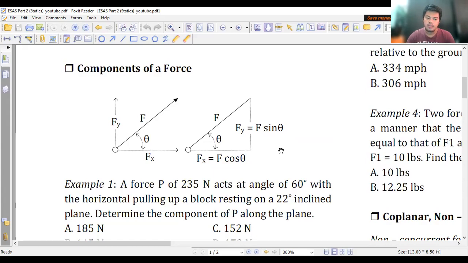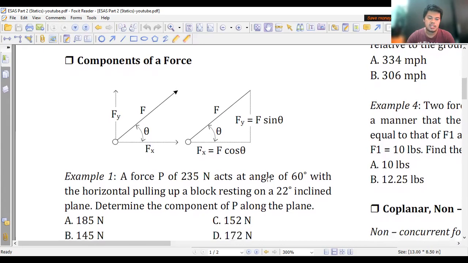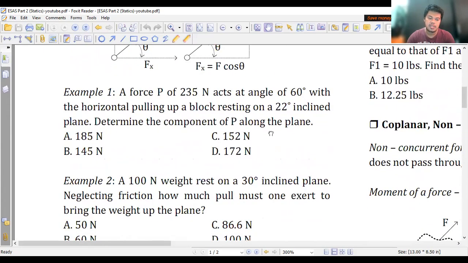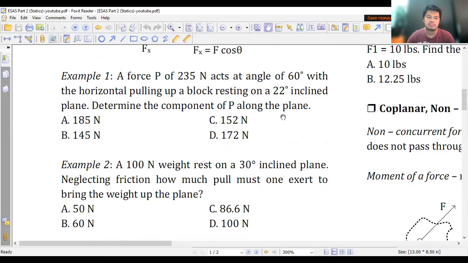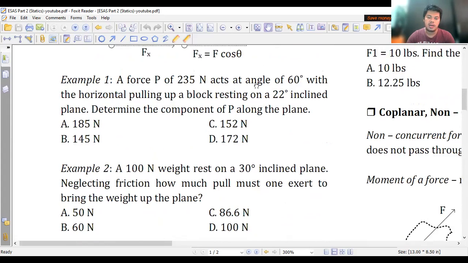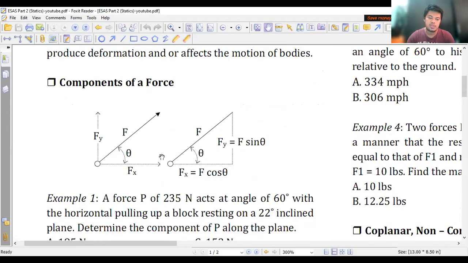For this topic, components of a force, we will be discussing two sample problems to illustrate how we use the concept of components of a force.